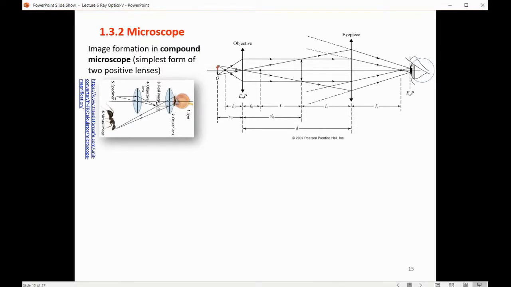This real image will become the object for the eyepiece or the ocular lens. The distance of this real image to the lens will be at the focal length of the lens or inside the focal length, and hence we will then see a virtual magnified image. In this case, it will be oriented the same direction as that image here.